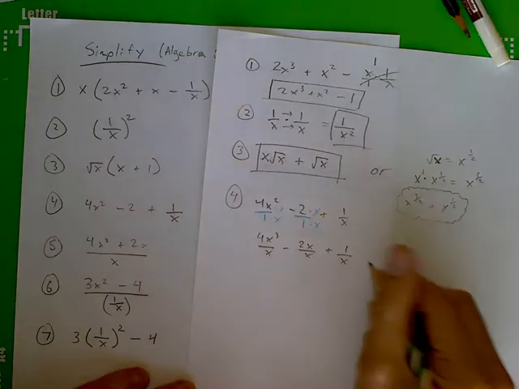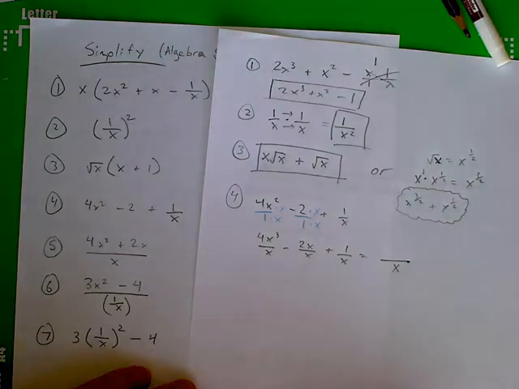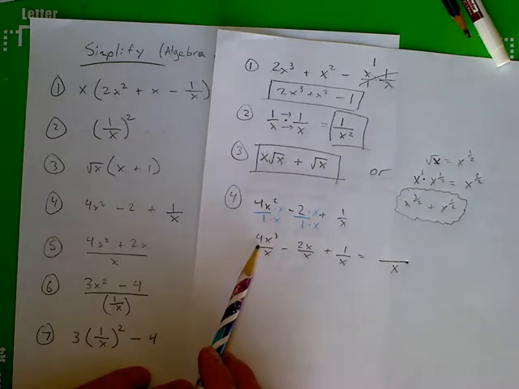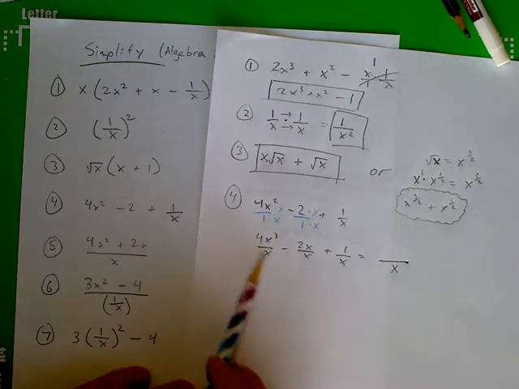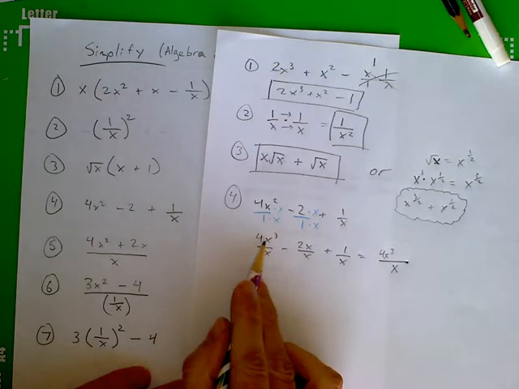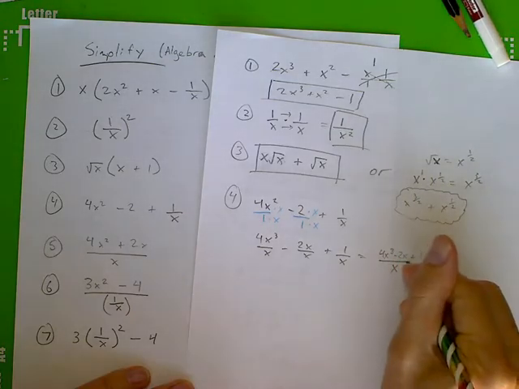And now once they all have the same denominator, I'm going to combine those into a single fraction and give it my common denominator. And then what would go on the top? Yeah, 4x cubed. I just subtract and add the tops together. 4x cubed minus 2x plus 1.